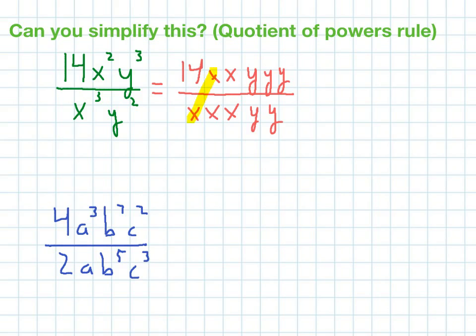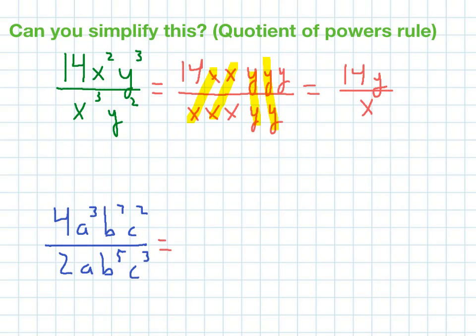So these 2 x's will cancel, these 2 x's will cancel, the 2 y's will cancel, and those will cancel. So because we've canceled those out, we're done with them. So what I have left is 14y in the numerator and x in the denominator. And that's it.